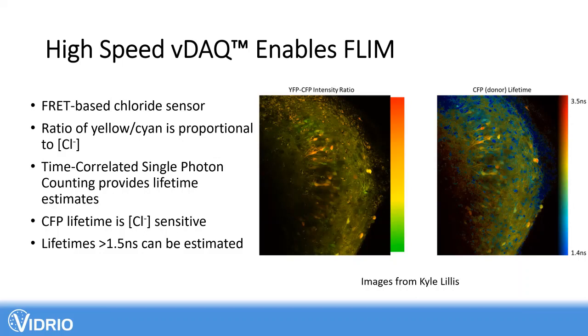It turns out that CFP lifetime is also chloride sensitive. He provided these images from some preliminary work, showing he was able to calculate CFP lifetime images, and it correlates well with the intensity ratios, at least to a first order approximation. He estimates that lifetimes greater than 1.5 nanoseconds can be estimated with the high-speed vDAQ.